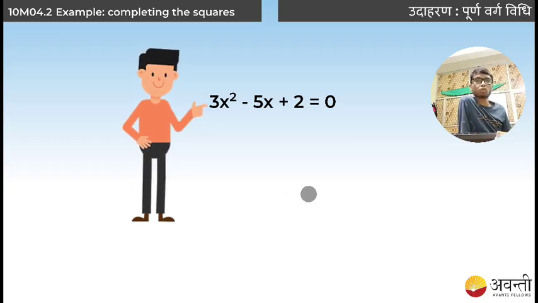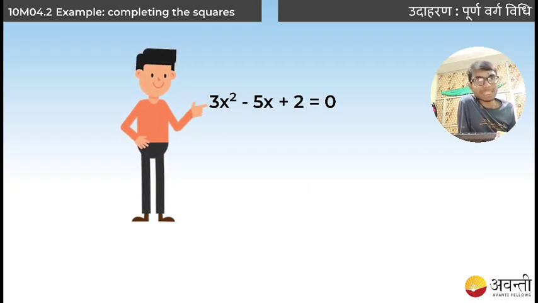Next, 3x squared minus 5x plus 2 is equal to 0.